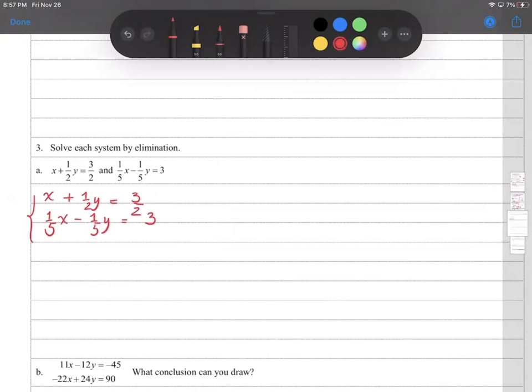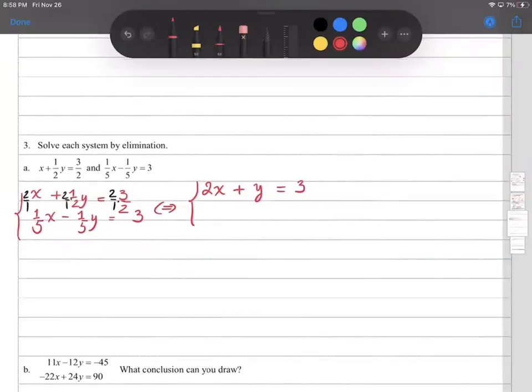Let's do the top first. The top, I want to eliminate that 2 in the denominator. Well, the LCD will be 2, right? So I need to multiply everything by 2/1. So 2x, and 2/1 times 1/2 is canceled, it's just plus y. 2 cancels, it's just 3.